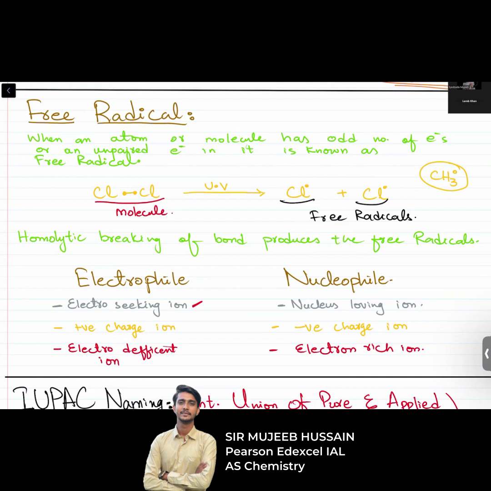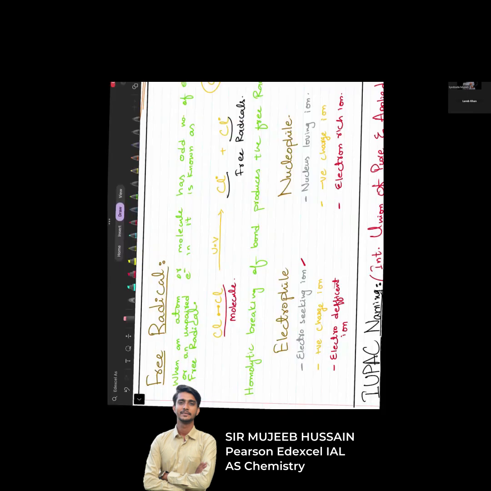Okay. Nucleophile is what? Nucleophile is basically the nucleus loving ion. It's always the negatively charged ion, which will be seeking the positively charged ion for attachment. Okay. Electrophiles are the electron deficient ions, and nucleophiles are the electron rich ions. Is it clear? Yes, sir.